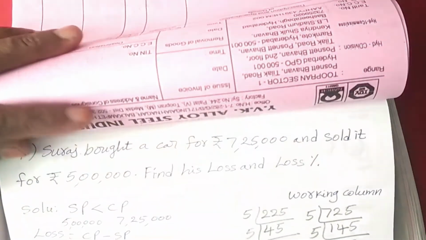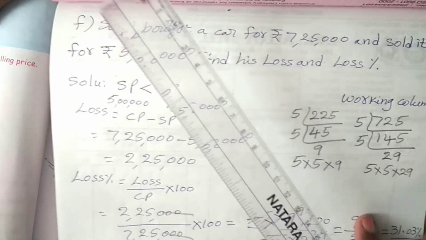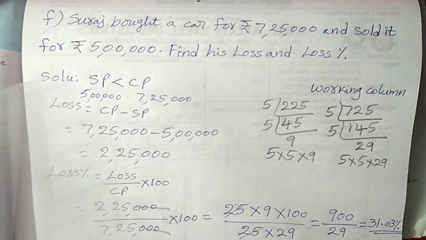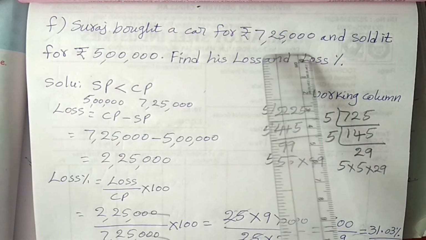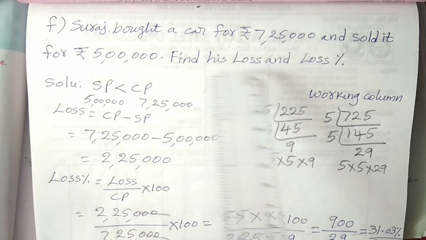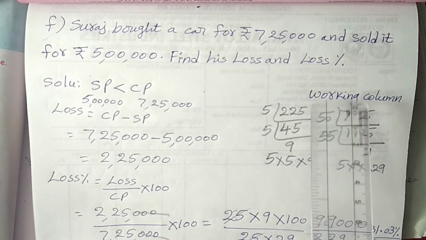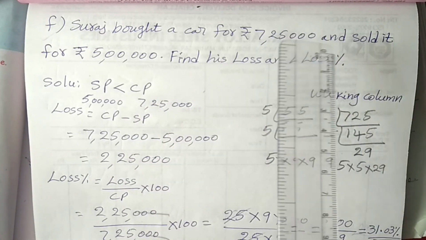Now F bit. See here. Suraj bought a car for 7,25,000 and sold it for 5 lakhs rupees. Find his loss and loss percentage. Solution, how to find first? Selling price is less than the cost price.